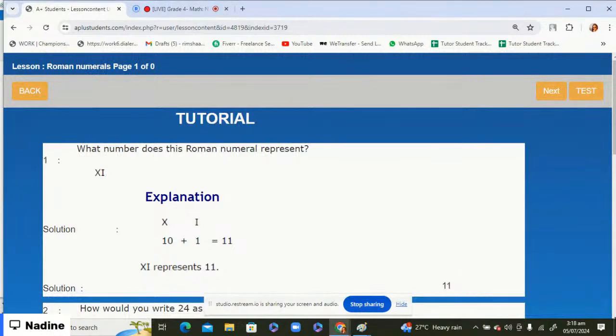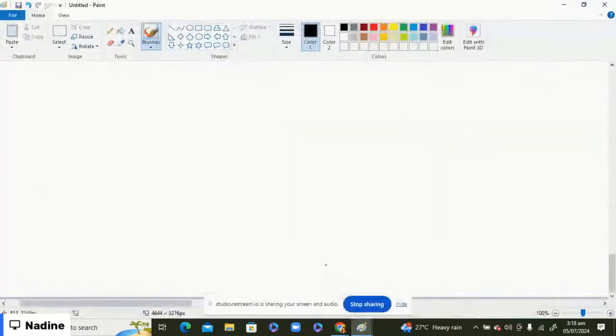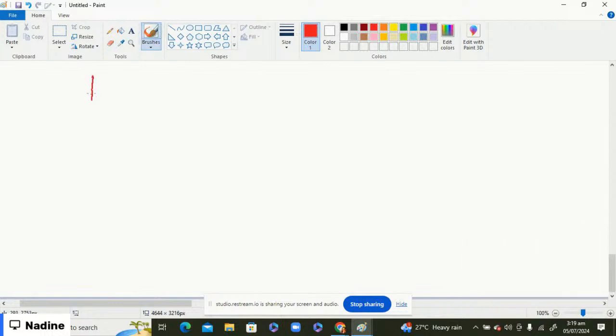So first of all, let me tell you how to write the Roman numerals 1 to 10. Okay. So look at here. Let's write it together. Okay. So here it's 1. For 1, it's 1 line.